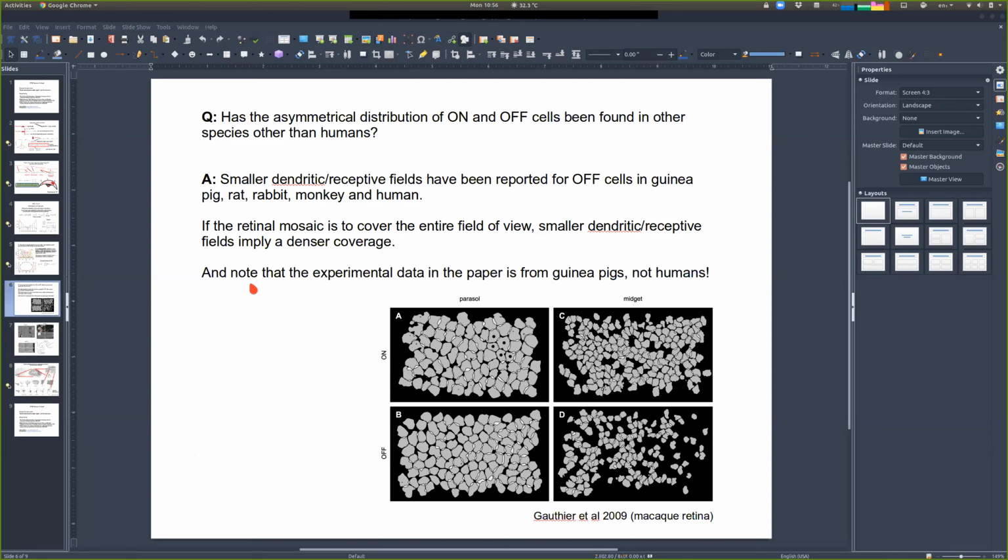So let me show you this. This is by no means an exhaustive answer, but I had this example in mind. I think it's cool about aspects of the brain or neural circuits that are well conserved across evolution. Let's see if I can put this at full screen somehow.